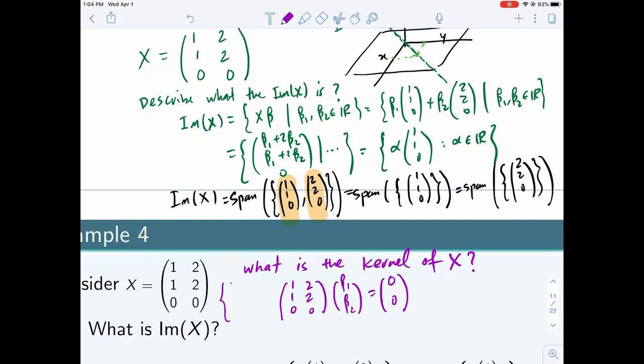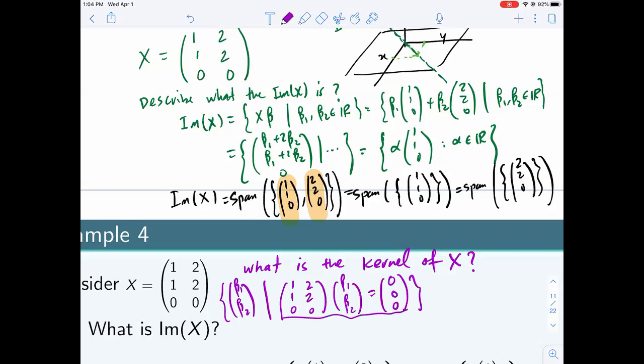The kernel is the set of all beta 1, beta 2 such that this holds, and the equivalent equation is beta 1 plus 2 beta 2 equals 0.